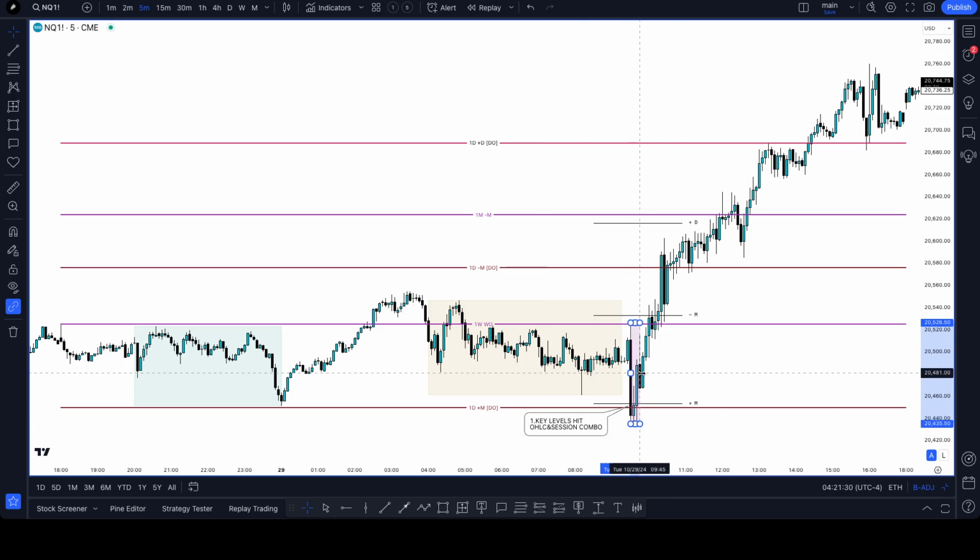So from here, I'll drag the box out, and we're going to go ahead and mark this as our entry function, 5-minute order block.